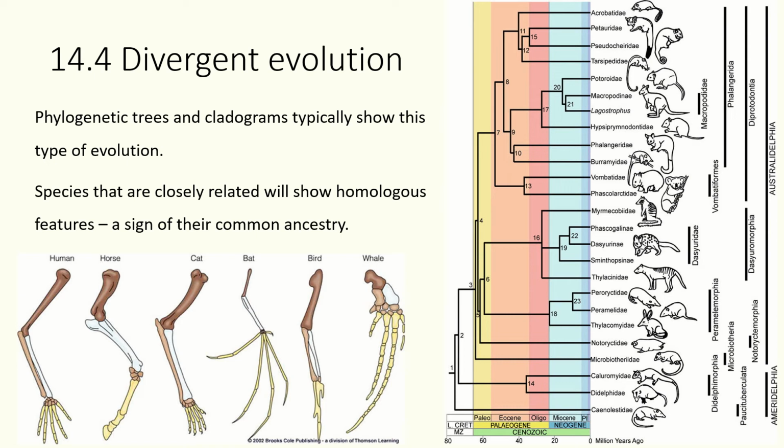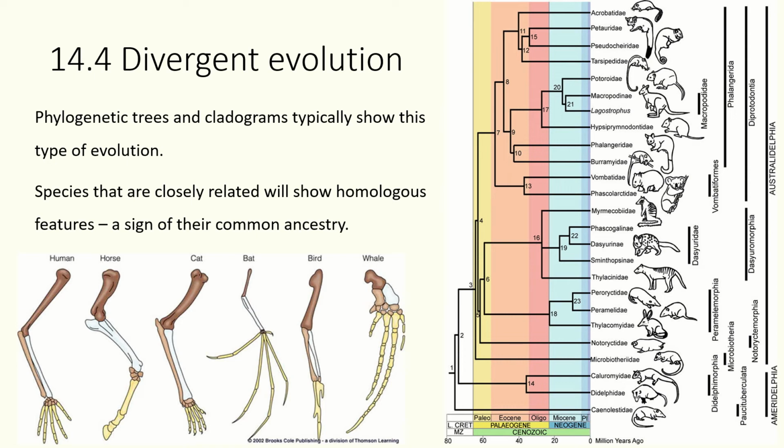But that's why this is such a good example of divergent evolution, because the only way that those same homologous features would have arisen in these radically different limbs is through them having a common ancestor that had that structure in particular.